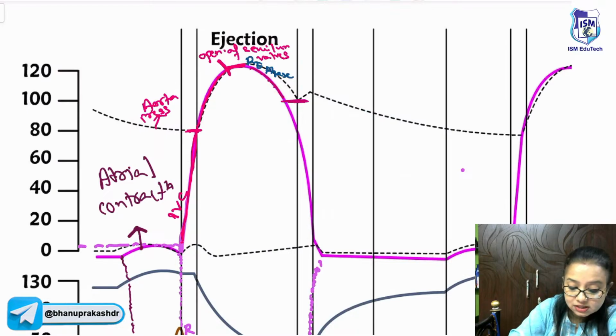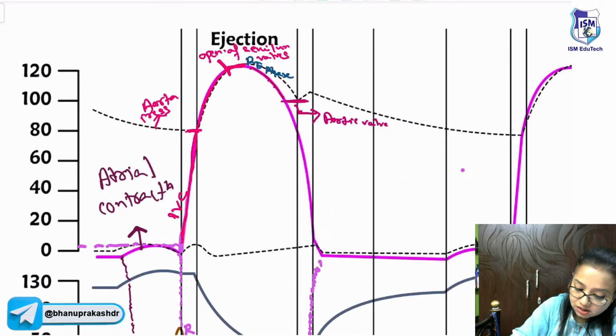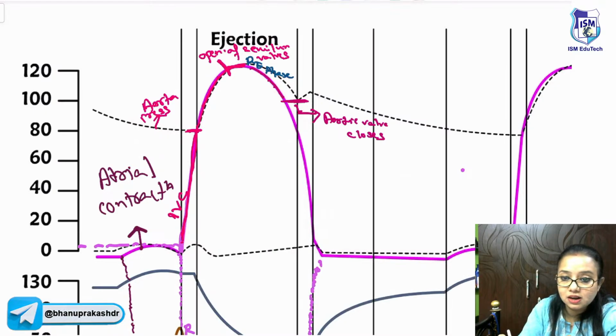Immediately this is the stage when, let's write only the aortic valve because we are talking here about the left side, the aortic valve closes.